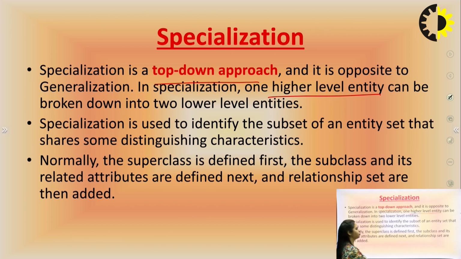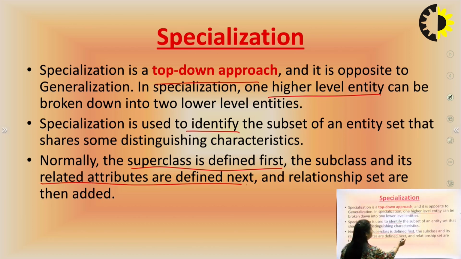Specialization is used to identify the subset of an entity that shares the same distinguished characteristics. Normally, the superclass is defined first. First of all, we need to define the superclass, and then we discuss the subclasses, and its related attributes are defined next. Relationship sets are then added.